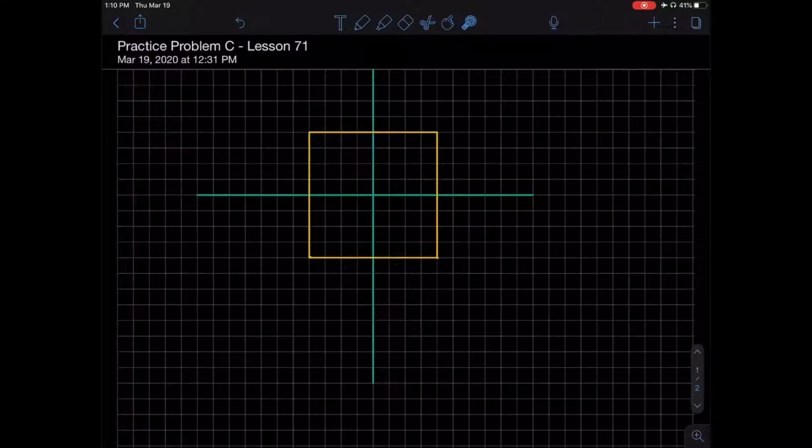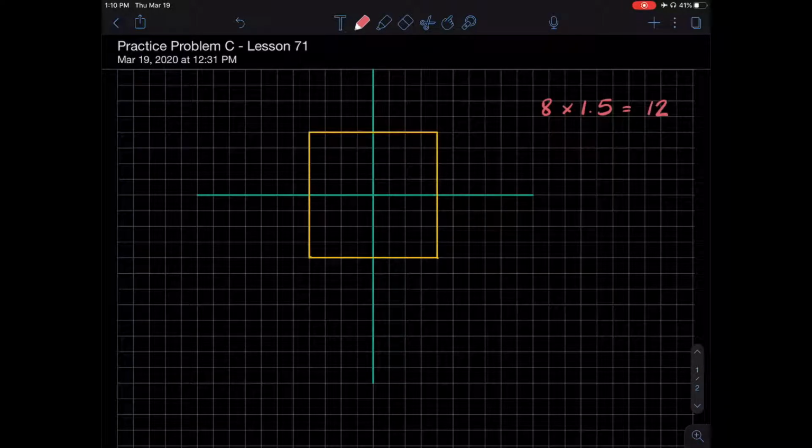And they want us to increase this by 150%. So we're going to do a little bit of calculation. We have 8 units and we want to increase that by 150%. Another way of writing 150% is 1.5, which is the scale factor. And when you do 8 times 1.5, you get 12.